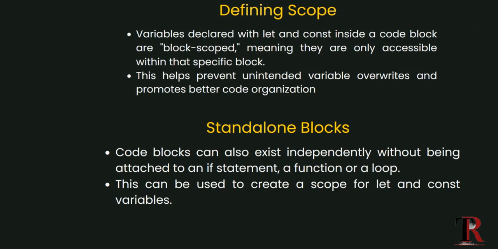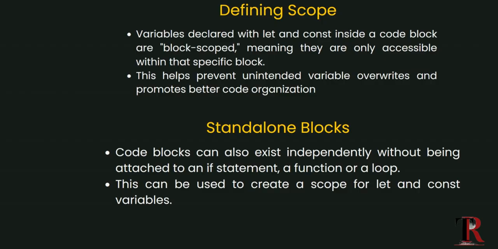Then we want to talk about standalone blocks. A code block can also exist independently without being attached to an if statement, a function, or a loop. You will notice that we've been talking consistently about functions with the opening and closing braces that we use to denote a code block.